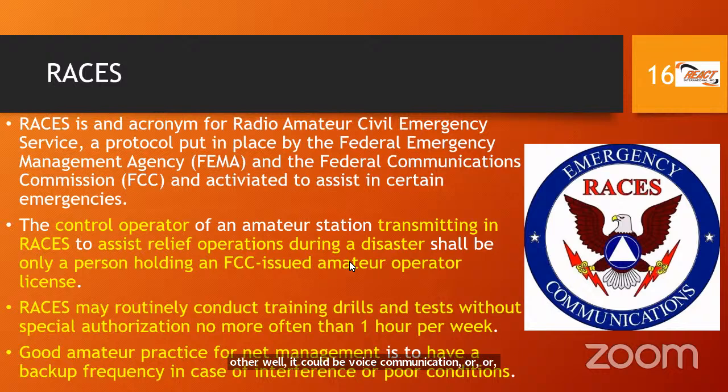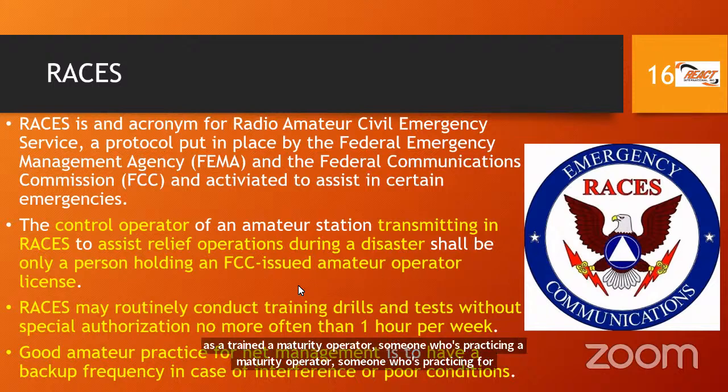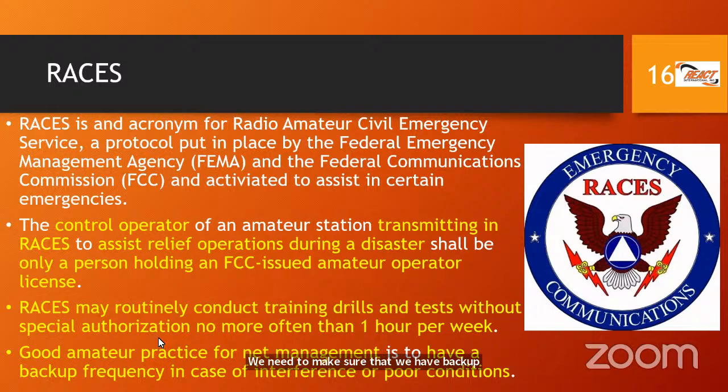Or maybe there's some interference from atmospheric noise, or some other transmitter, or maybe an over-the-horizon radar that's been activated on a nearby frequency, and you can no longer communicate. Do you just throw your hands up in the air and say, well, we have interference? No. As a good, experienced, trained amateur radio operator, someone who's practicing for emergencies, we need to make sure that we have known backup frequencies that we can switch to in case the conditions disappear.